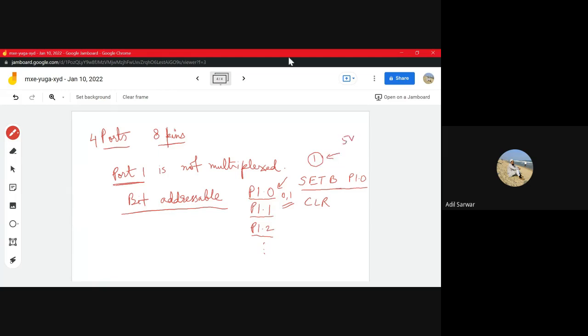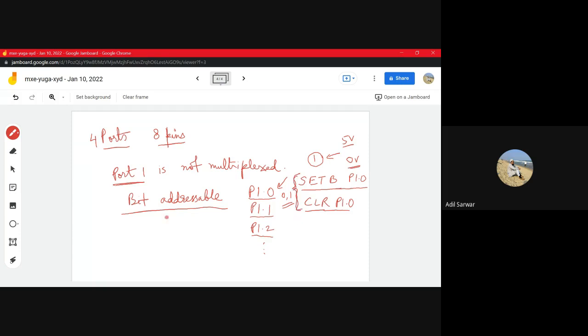1 means 5 volt output. And when you clear pin 0 of port 1, CLR P1.0, it will make the output of that pin equal to 0 volt. Similarly, you can access any pin of any of the 4 ports and program it independently.